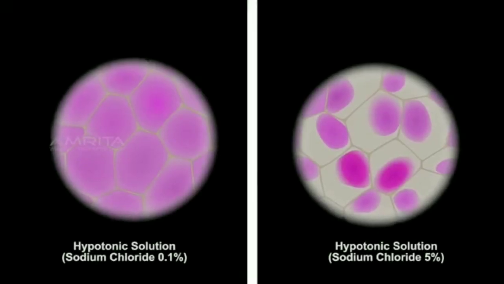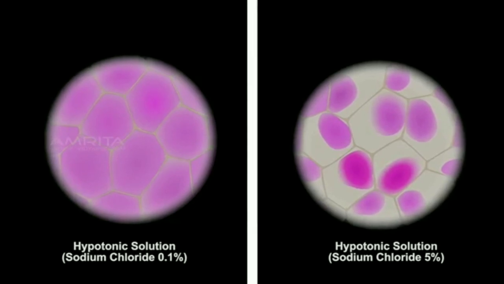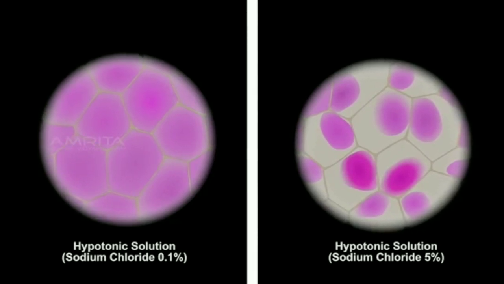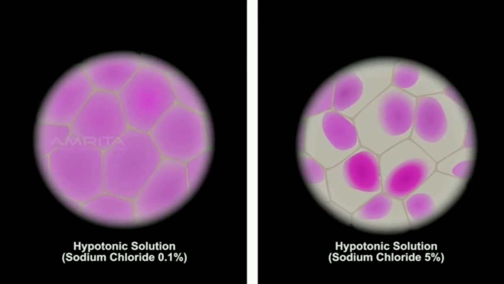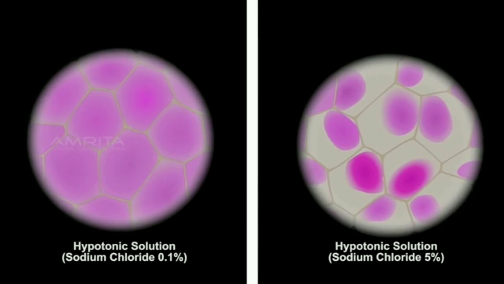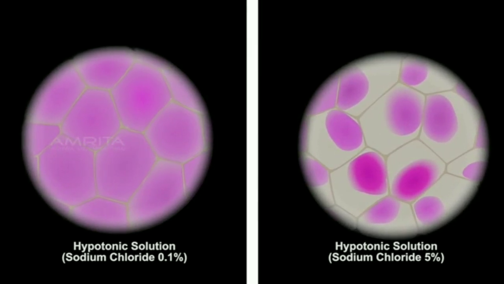Observation: after half an hour, we can see that the cells kept in hypotonic solution appear turgid, whereas the cells kept in 5% sodium chloride solution show plasmolysis.